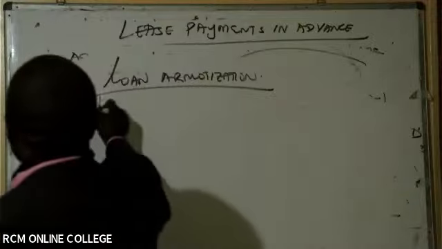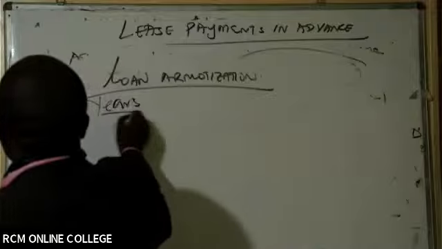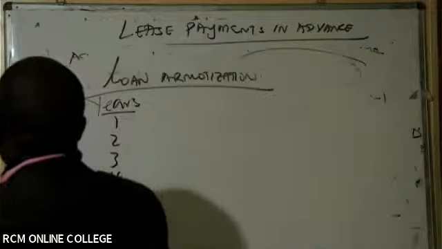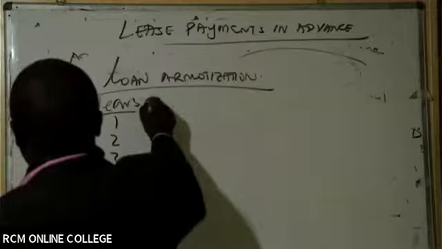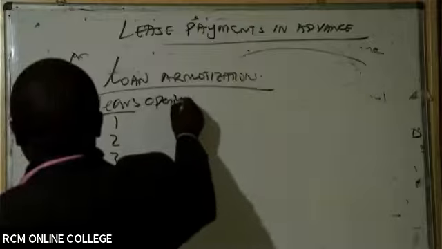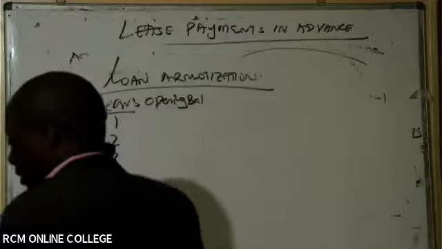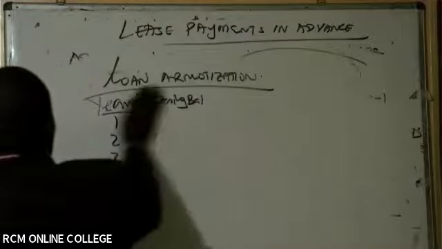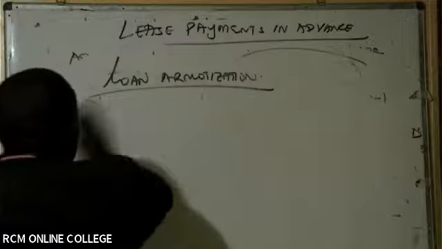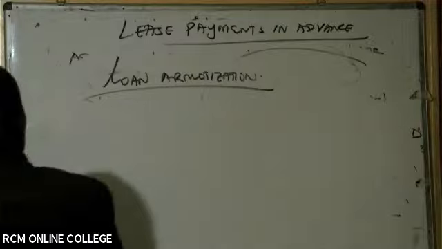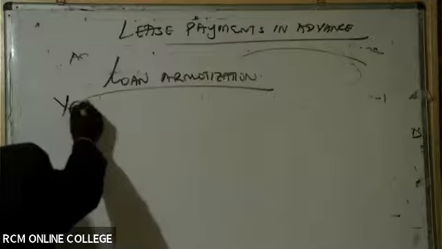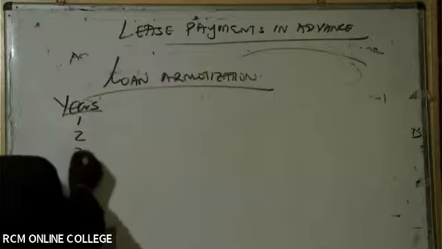We have our years here, years 1, 2, 3, 4. Of course, you're going to have an opening balance.